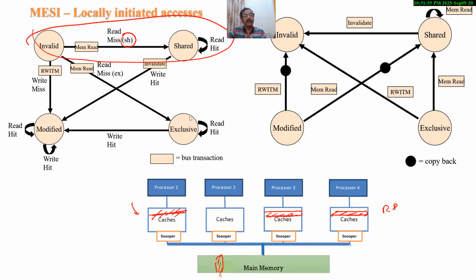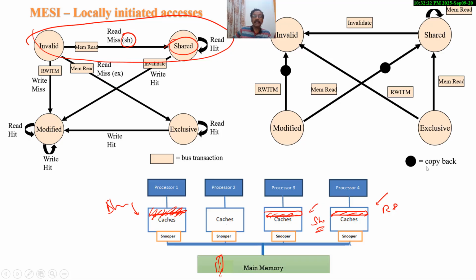So in that case, what should I do? I need to move it to shared state. Not only that, I am holding this in a shared state, the other copies of the same block will also be moved to shared state, because now multiple CPUs are having the same block for read purposes.